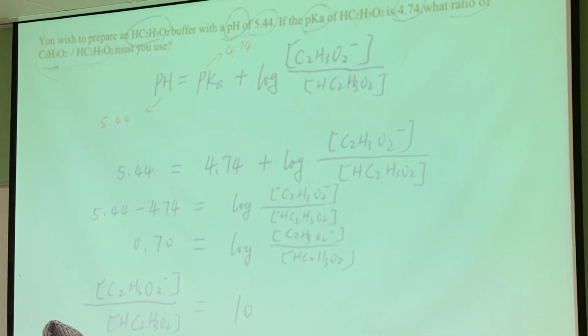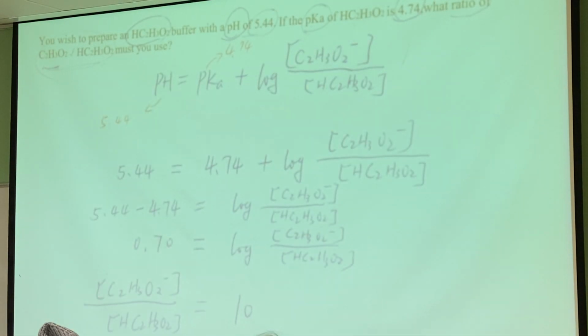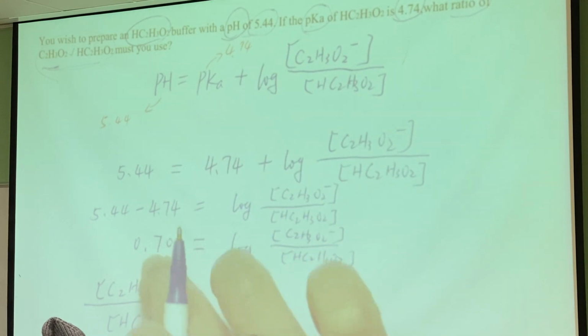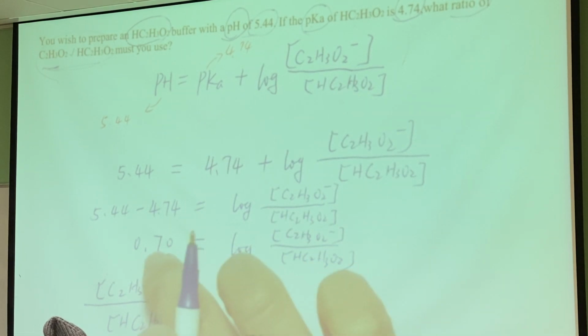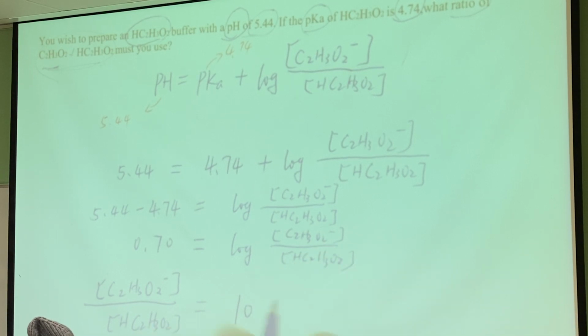So that's actually a good point. Be careful. Here is a plus. If it's minus pH, then it's negative, right? But here is a plus, so it's positive. Okay. So log of this number equals 0.7. So this number is equal to 10 to the 0.7. Okay? So when you have a problem, make sure you check the sign. So here it is positive.